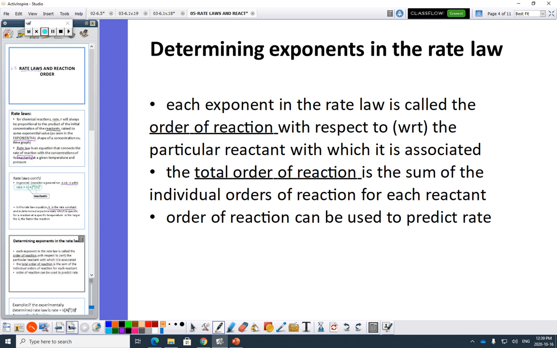So say the exponents are 2 and 1, and you add them together to get 3. If you talk to another chemist, a third order reaction, then they know what that means about how steep the exponential curve is going to be. So it can be used to predict what the rate is going to be.